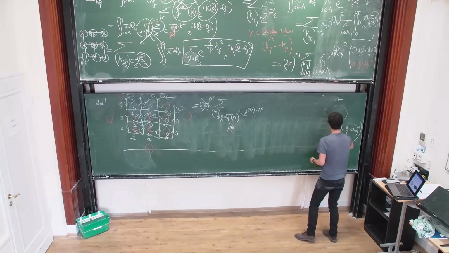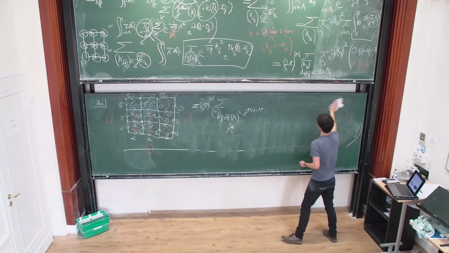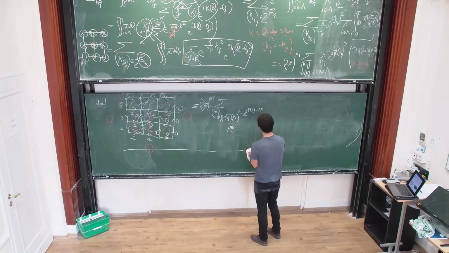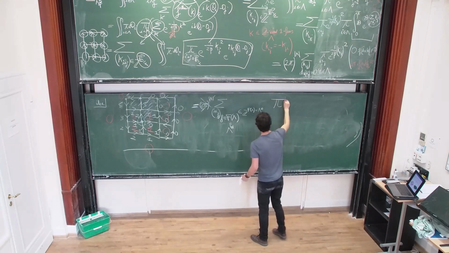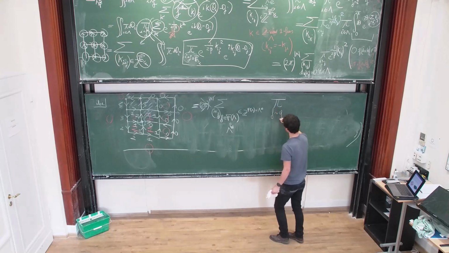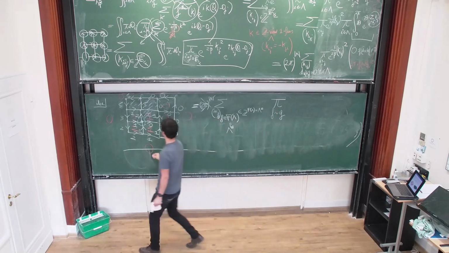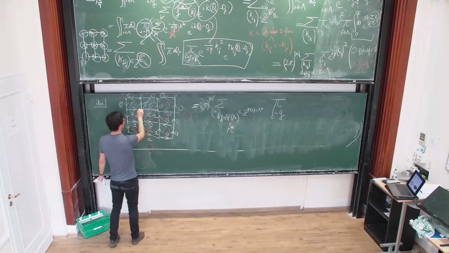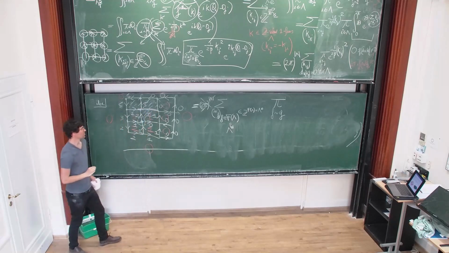And now what is the Gibbs weight? The Gibbs weight is very nice because it will be a product over a face F next to a face G. So I was doing the product over those edges.